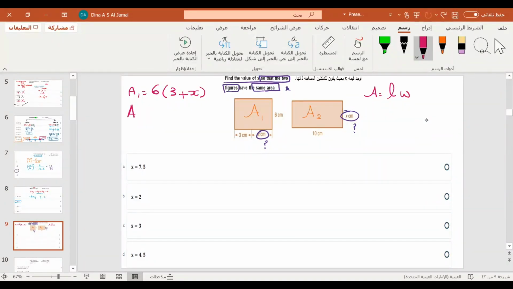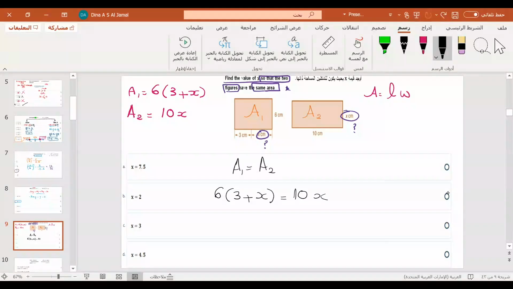And the other area is 10x. Now I would like area 1 to be equal to area 2 to find x. That means 6 times (3 plus x) must be equal to 10x. In this case, I will use the distributive property. So 18 plus 6x is equal to 10x.